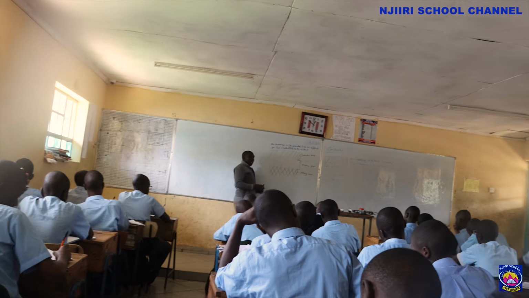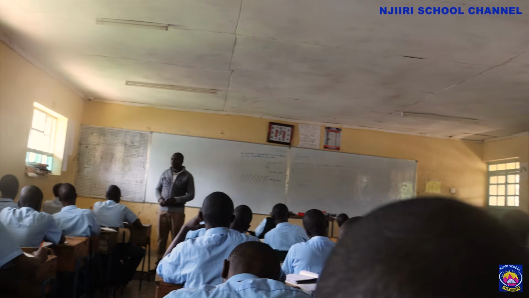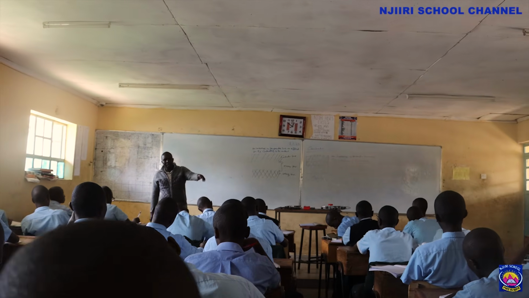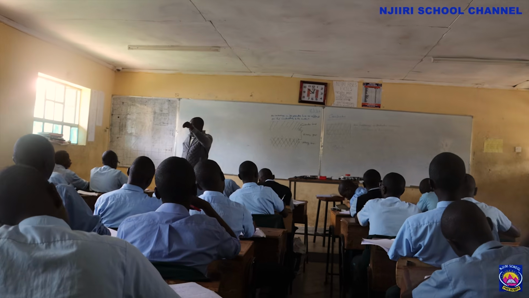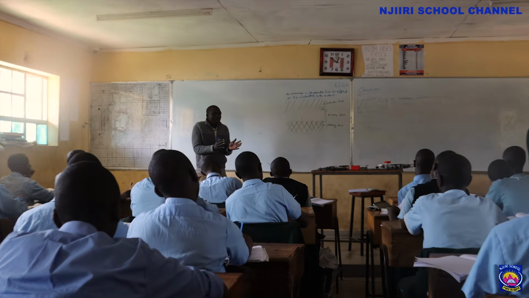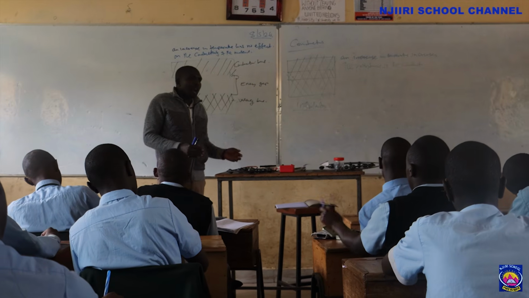You see, when I'm saying that this one is not a good conductor, it does not make it useless, because an insulator is as good as a conductor. Because you cannot have a conductor and you forget about the insulator, because you need to protect that conductor against those electrons getting out of the conductor.